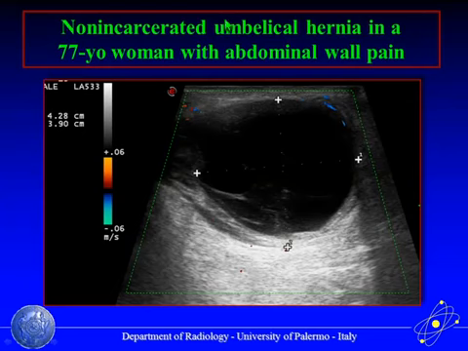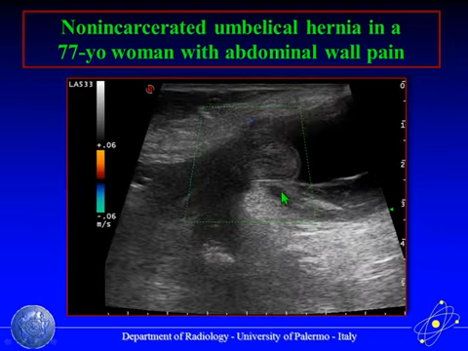This is a case of non-incarcerated umbilical hernia in a 77 years old woman with abdominal wall pain. In this case, it's quite easy to evidence this free fluid within the hernia.